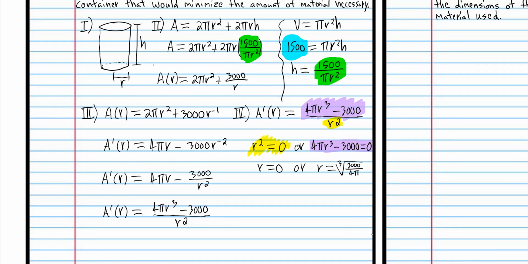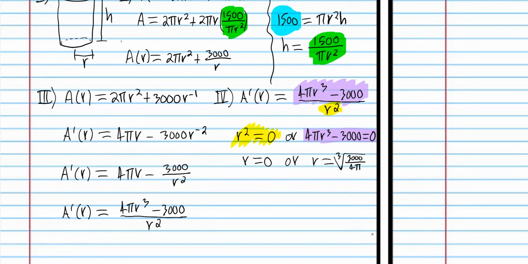But we are going to calculate this orange value here. So 3000 divided by 4 pi. That's going to give us 238.7, and then cube root that, and we get 6.203. So r is approximately 6.203.